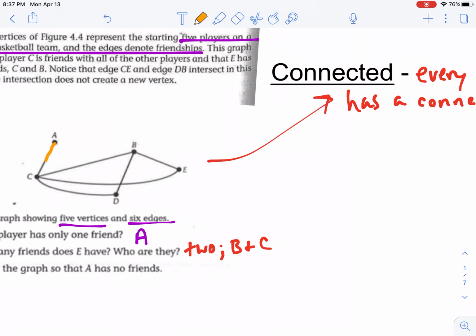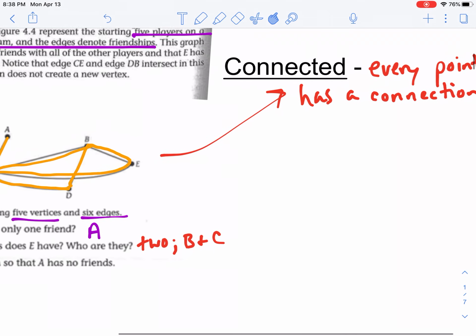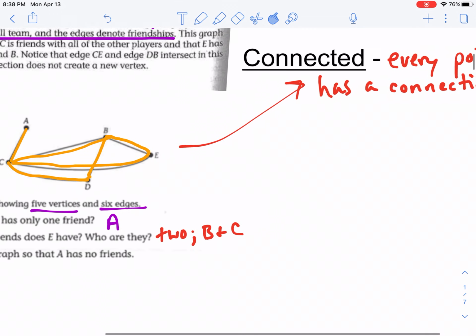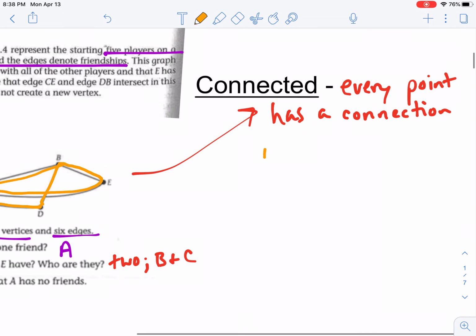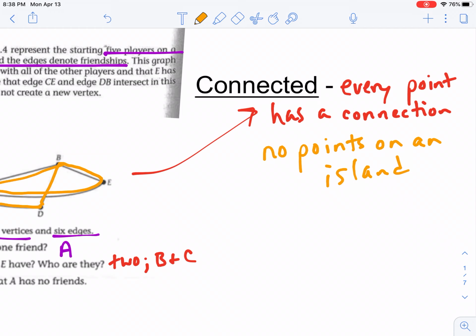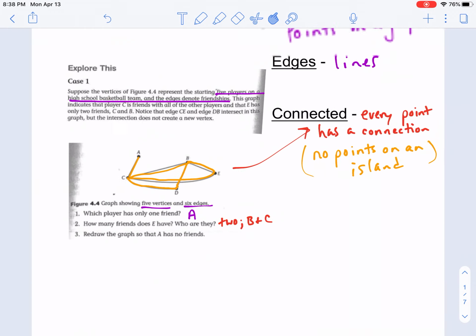So if I needed to start drawing, I don't ever have to pick up my pencil to get to all the points in the graph. See that? So connected means that there's no points on an island. If the points were on an island, then I'd have to pick up my pencil to get to them, right? That's what connected means.